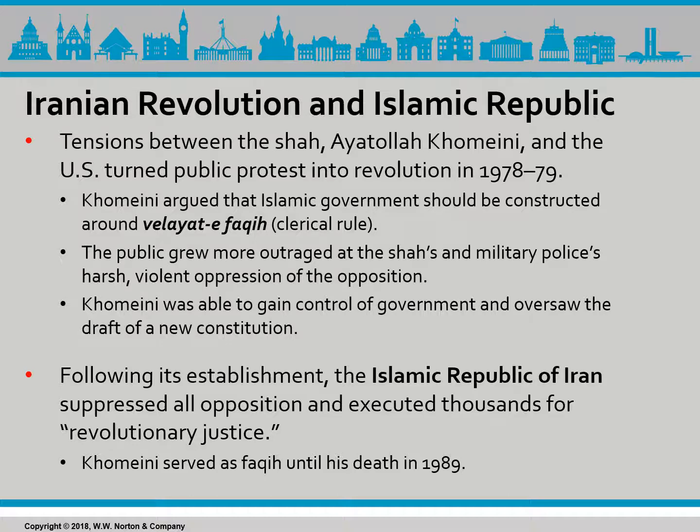Khomeini ended up drafting the new constitution, in which he inserted an office of a religious leader with supreme political authority, and he held that office until his death in 1989, which is interesting. It's not something you would want to happen, changing from having a secular leader to having a religious role as your leader, a theocracy, which is exactly what he turned it into.